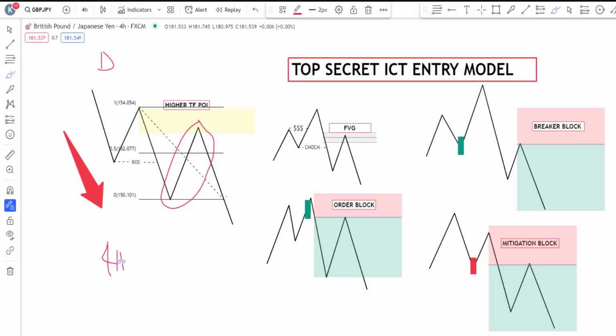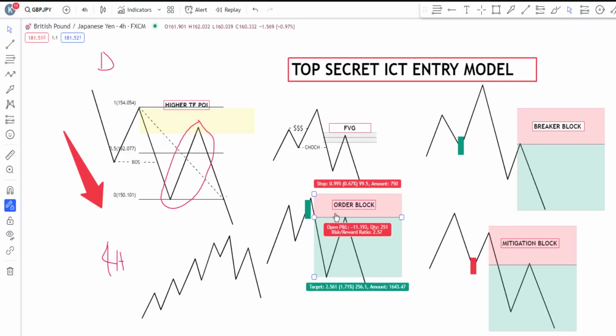It is going to be like this: move, retrace, move, retrace, move, retrace, move, and then you will have something like this. In this simple retracement, we're going to find this kind of price delivery.